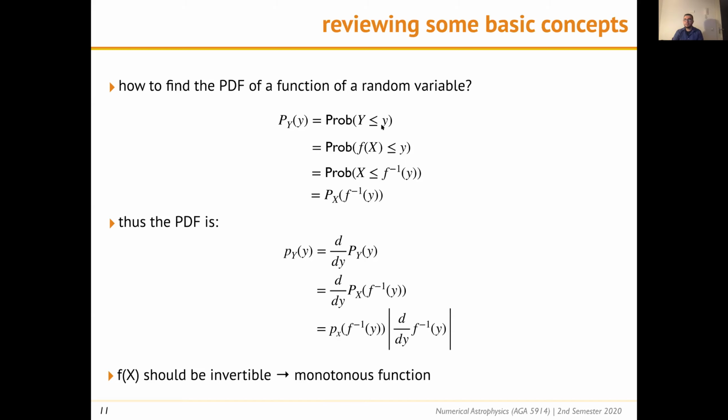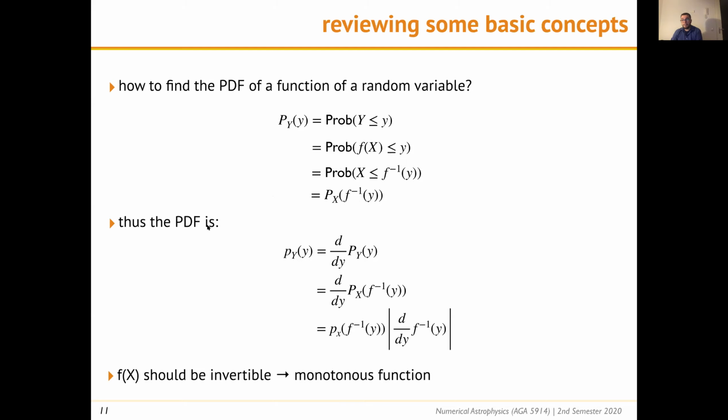I'm saying Y a lot, and it's not because I'm from the state of Minas. So if Y is a function of X, we can write as follows. And then we can just invert this term: X less than F minus 1 of Y. And we finally get that this is the CDF for X for this term, which is just the inverted one.